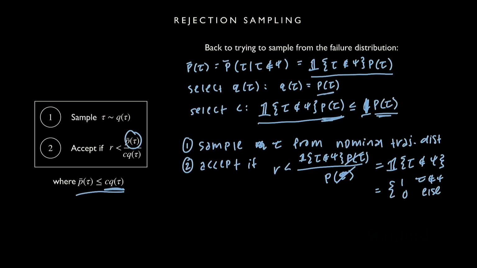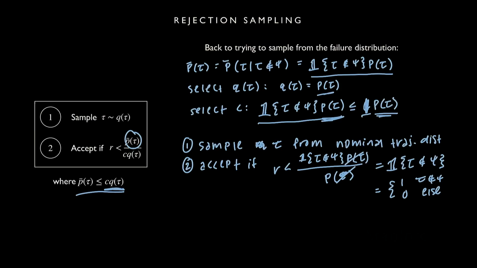You're going to give me more samples from areas where this value was higher than for areas where this value is lower. Imagine I gave you a dartboard. You want to accept more frequently where this is higher and less frequently where this is lower. So it's just a probabilistic way to meet that criteria.